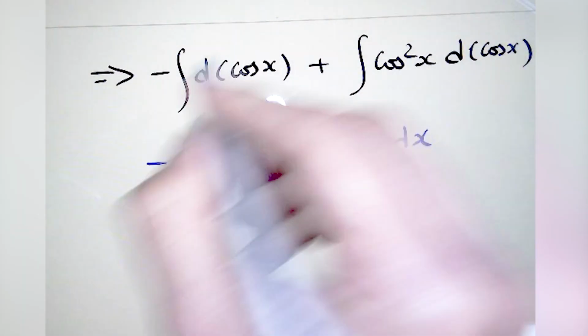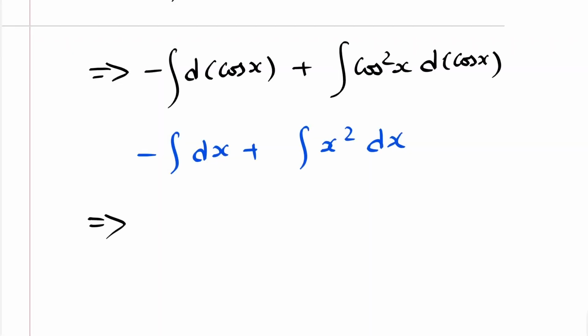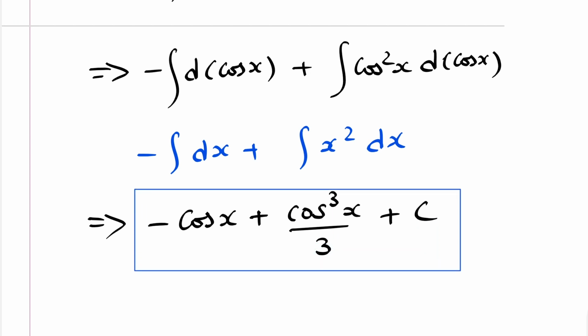So what do you think is our final answer? It is going to be minus cos x plus cos cube x divided by 3 plus integration constant c. This is going to be our final answer.